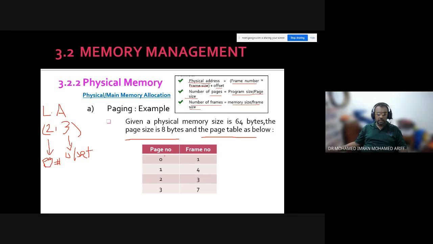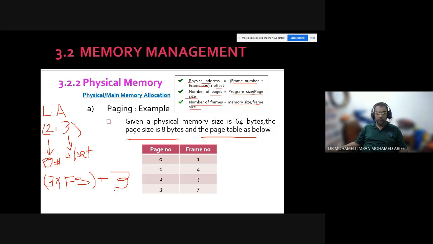So page number bersamaan dengan 2 is 3. So frame number is 3. 3 multiply by frame size. So kita tak tahu lagi. Frame size, saya tulis FS. Campur dengan offset. What is the offset? 3. Okay, so 3 multiplied by frame size plus 3.